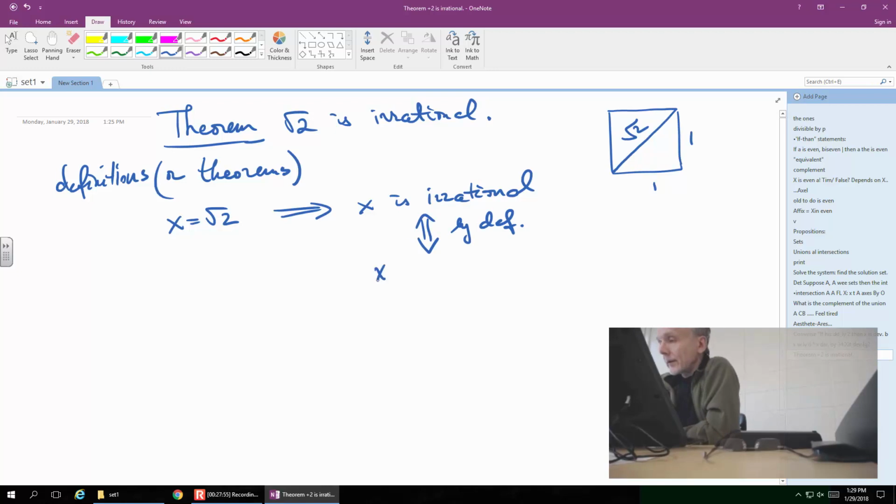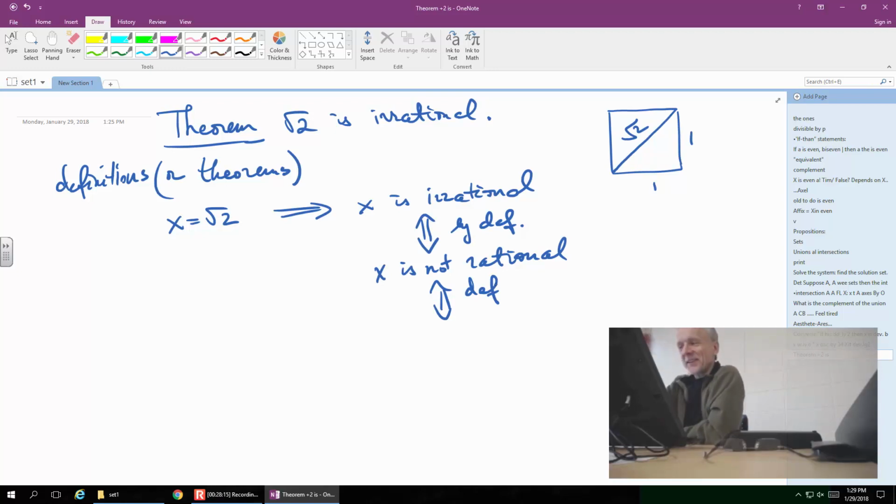Not rational, that's fine. Then you have to do another definition and say what rational is. What's a rational number? I wouldn't say not irrational. So what's the definition of a rational number?